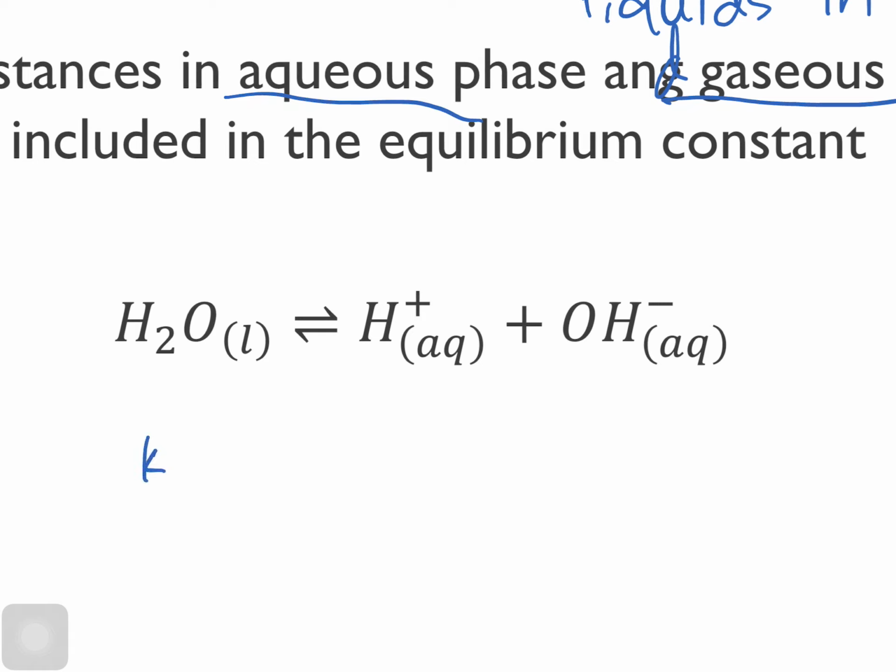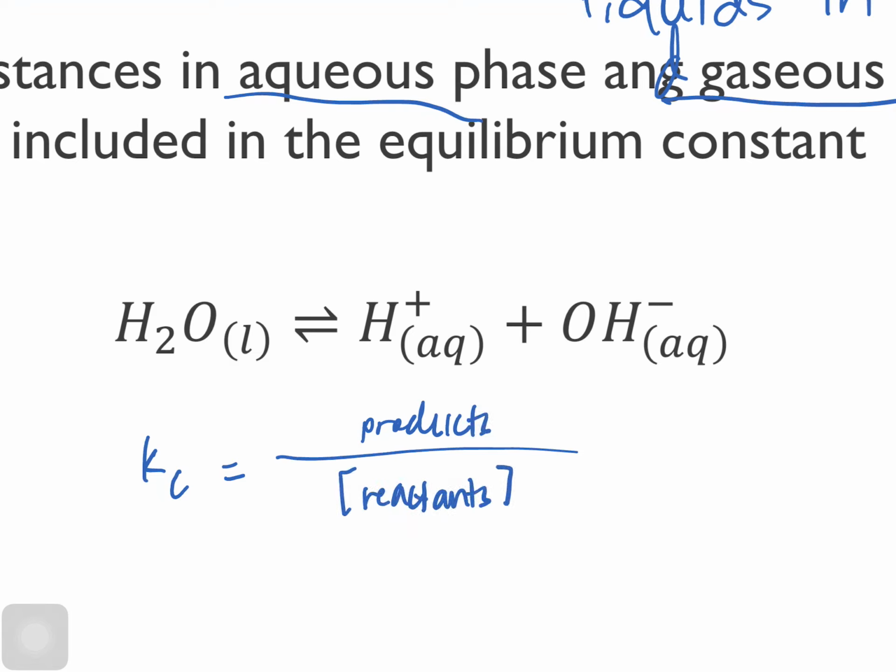Since all the phases of this reaction are aqueous, we will only have Kc for this expression. So Kc is products over reactants concentration, because that is in aqueous spaces.